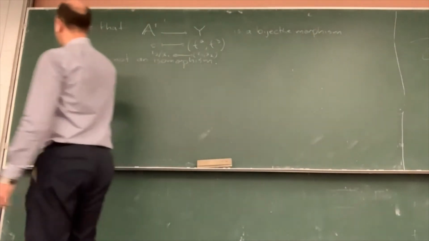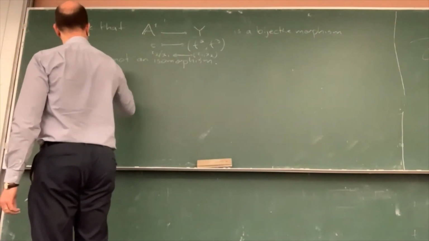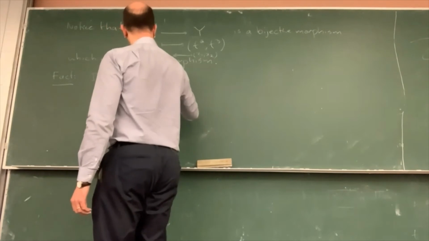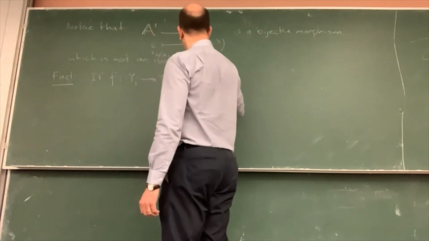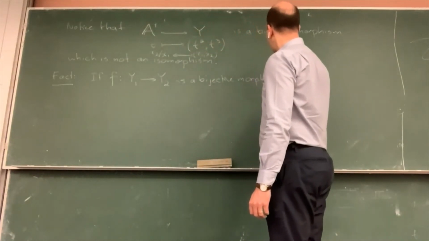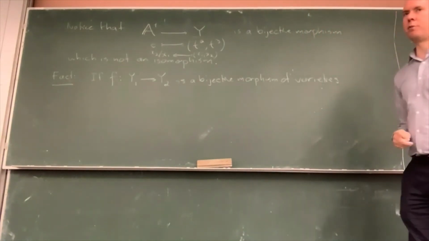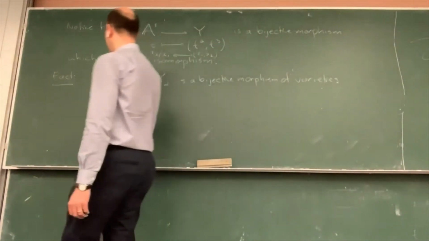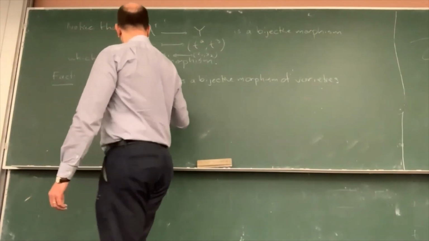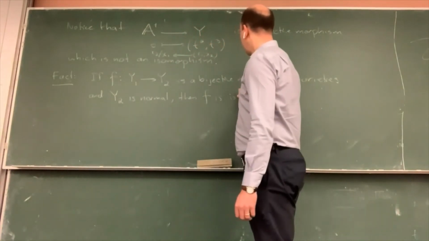Yes, so the nice fact that will be useful is that if you have a bijective morphism F of varieties, and if the target is normal, then actually the inverse map is a morphism.